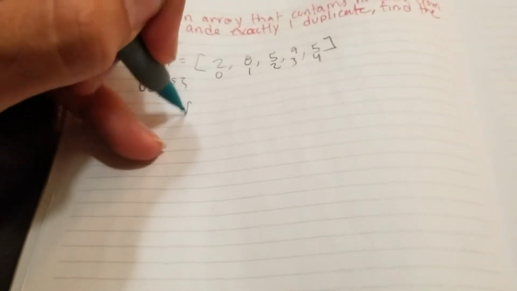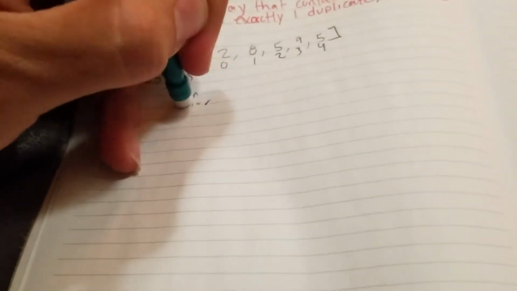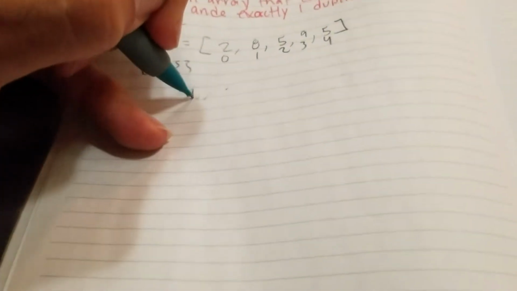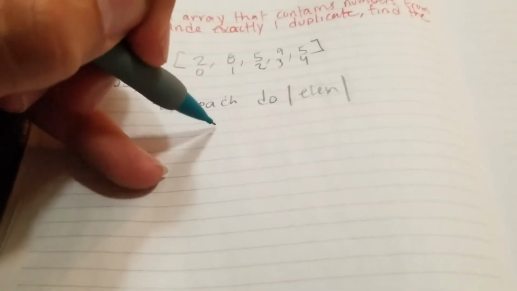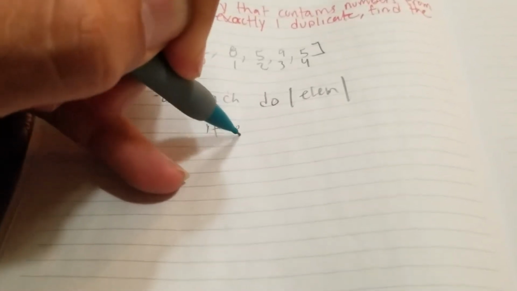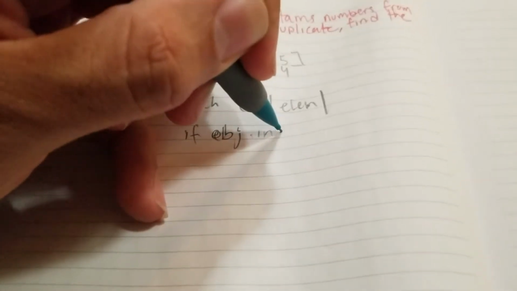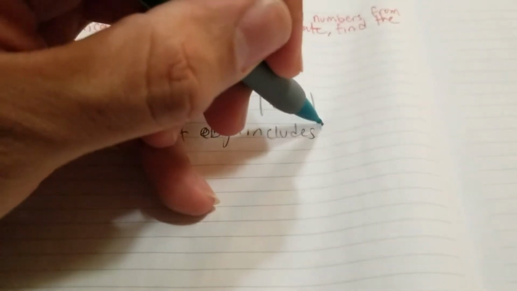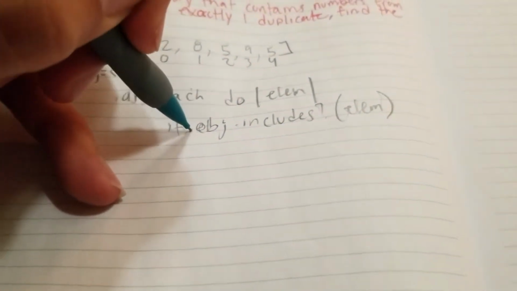So for this one I would do array.each do the element, and then if the element, so in this case we're going to do if object dot includes the element, or if it doesn't include.